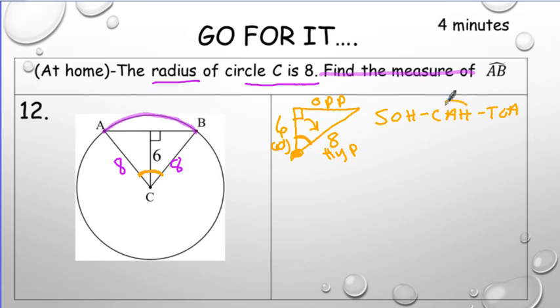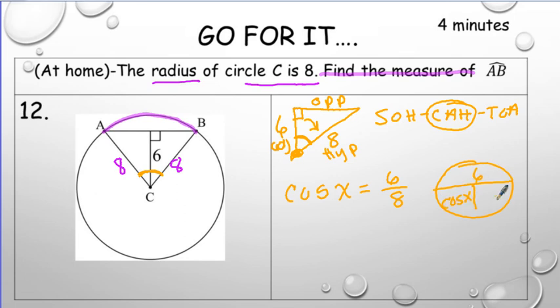So it looks like I'm going to use cosine, because I know the adjacent and the hypotenuse. So I'm going to say cosine, and I'm going to call my angle x, which I don't know, 6 over 8. I'm going to draw my little trig circle. So we get cosine of x, 6 and 8. I'm trying to find this angle here, so you can put your finger here. So that's telling me x.